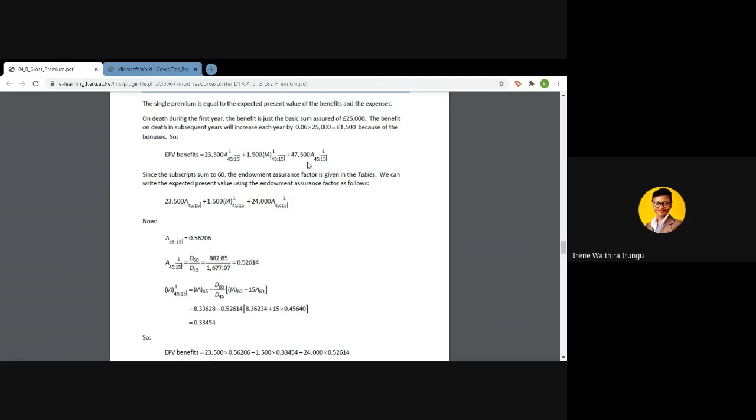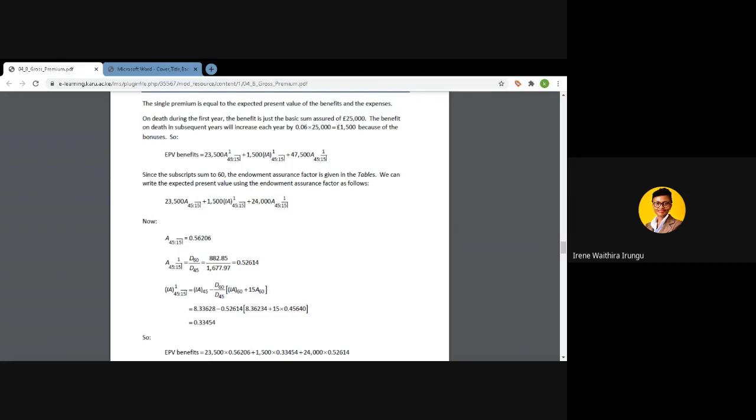So if I was to express this 47,500 times the EPV for the pure endowment into two terms, the first term will be 23,500 A45 angle 15 with the stress on 15 plus 24,000 A45 angle 15 with the stress on 15.